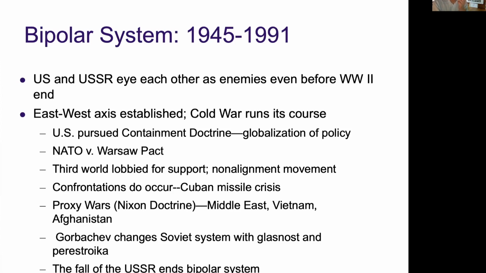That led, on the one hand, to the creation of security alliances, like within the framework of the United States, NATO, the North Atlantic Treaty Organization, but also on the Soviet side the Warsaw Pact, which is combining the military strengths of several countries in order to be a suitable opponent towards the other party.